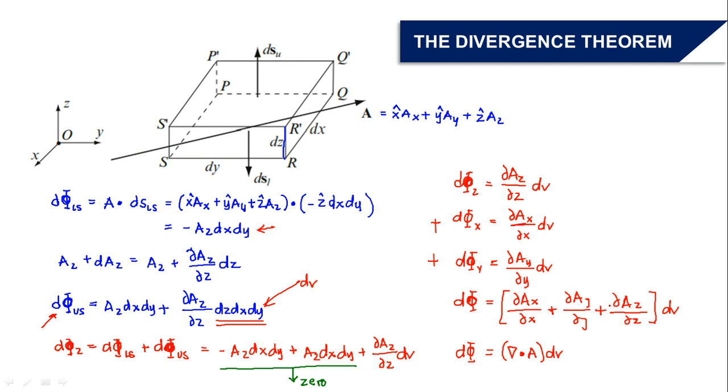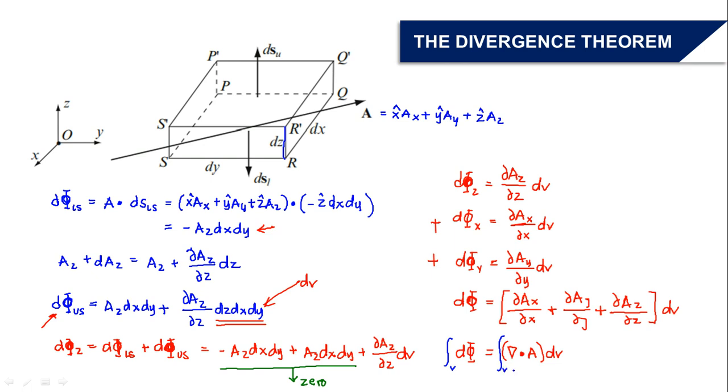And if we are going to integrate this equation, both sides, ano ang makukuha natin? Integrate this with respect to the volume, and we will integrate this portion with respect to the volume then. Diba?